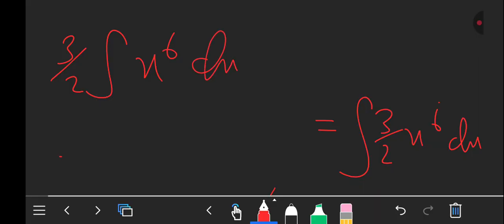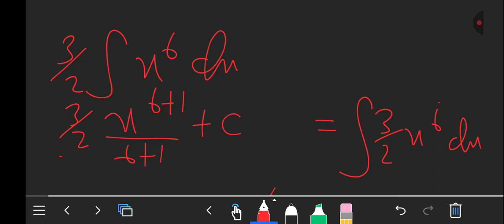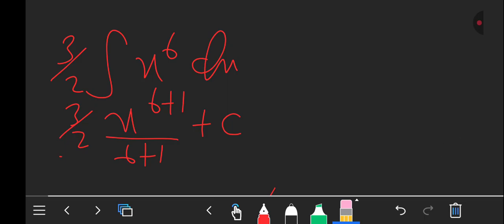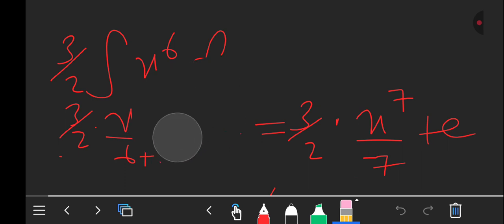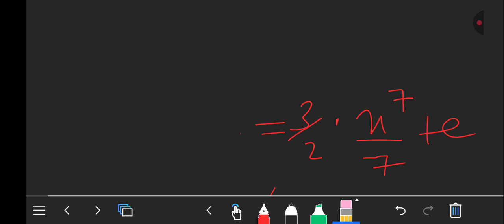Remember what we said when you're dealing with integration by formula. So it will be 3 over 2, you say 6 plus 1, you add the 1, that becomes the new denominator. So 6 plus 1, then plus c, of course. If you find your answer, you'll get 3 over 2 multiplied by u to the power 7 over 7, then plus c. Then the last thing you're going to do here is bring back that u.